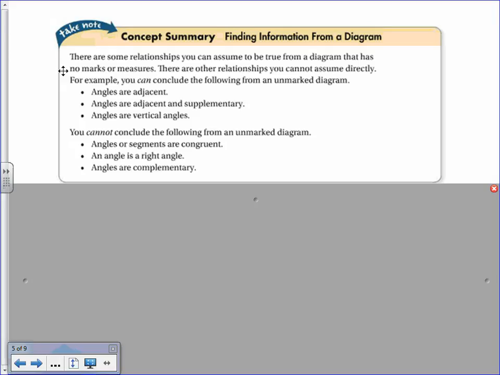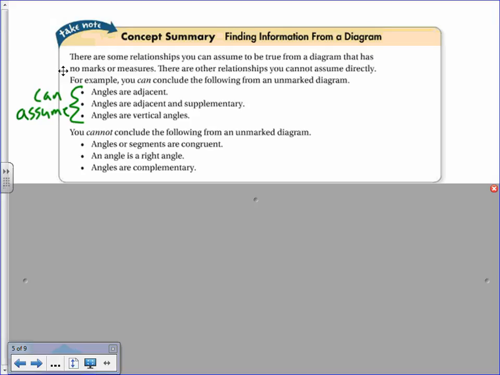For example, this is the good part, you can assume or conclude from unmarked diagrams that angles are adjacent, so they're next to each other. You can assume that angles are adjacent and supplementary, and you can assume that angles are vertical angles based on the picture, even if they're not labeled that way.